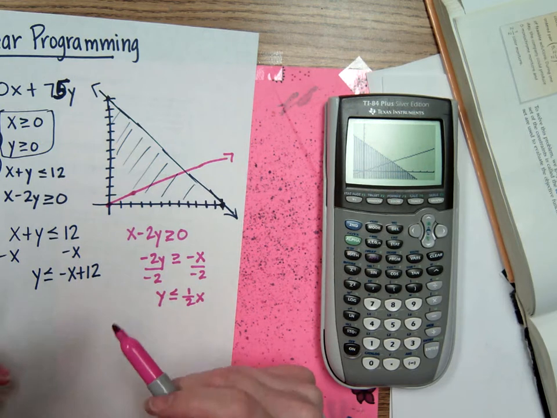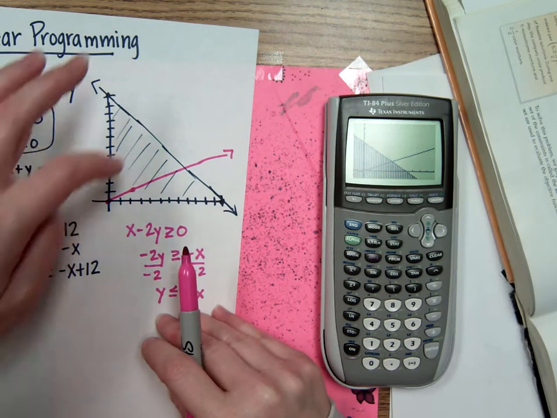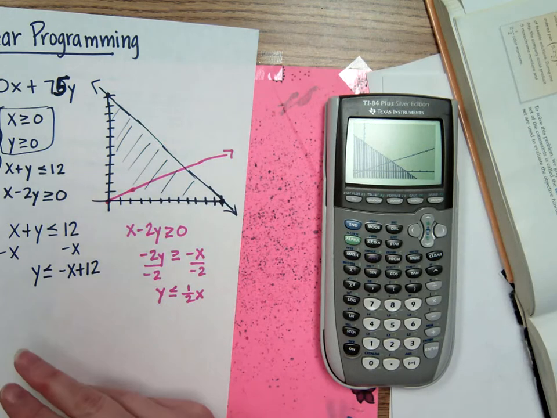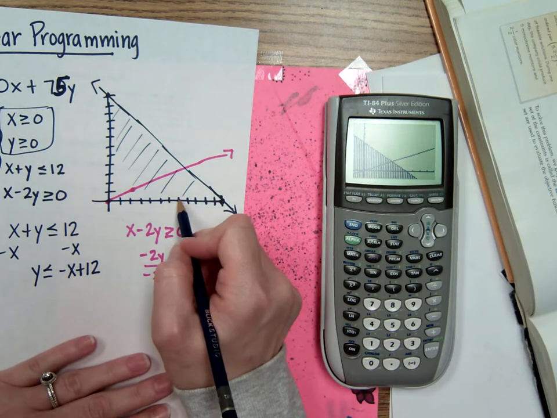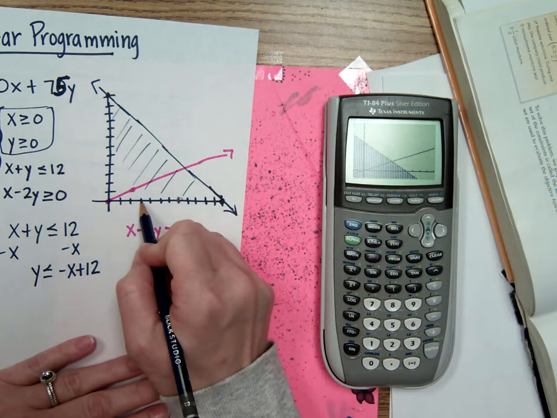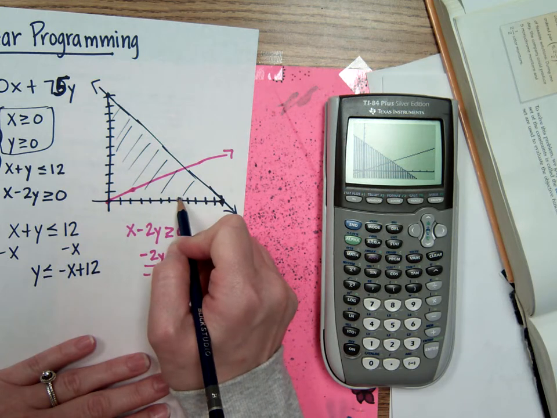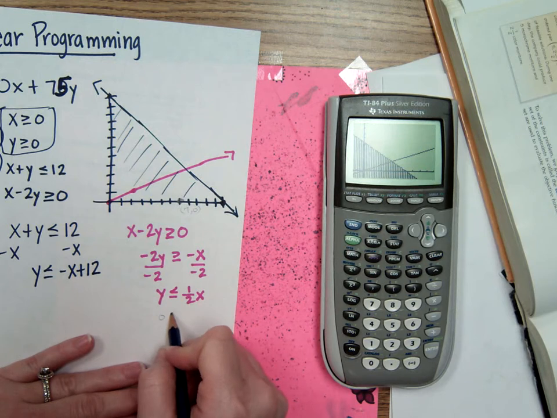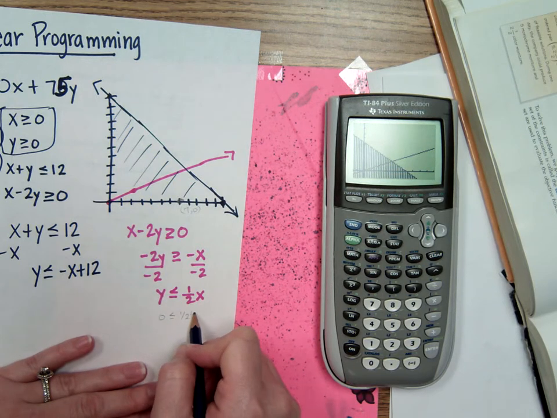So what point makes these true? Shading above or shading below? Let's pick an easy point to test. Let's test this point right here. 1, 2, 3, 4, 5, 6, 7. That's the point 7, 0. Is 0 less than half of 7?